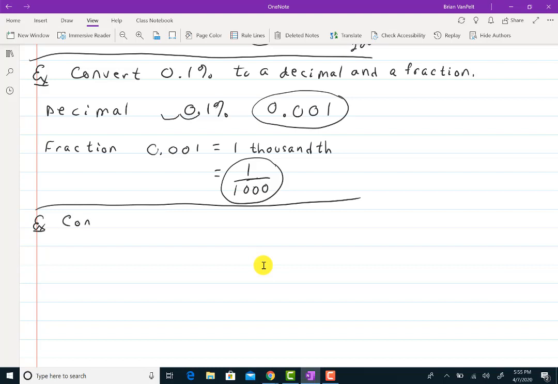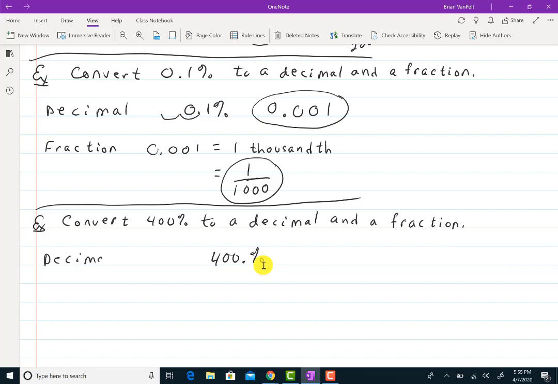Next, let's convert 400% to a decimal and a fraction. So I'll take my 400%. This will be my decimal that I'm working on.